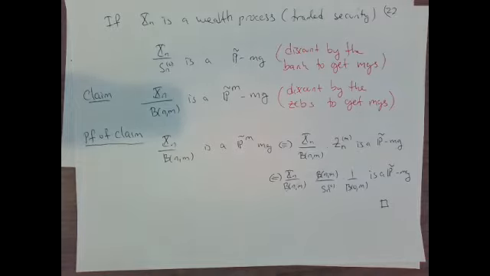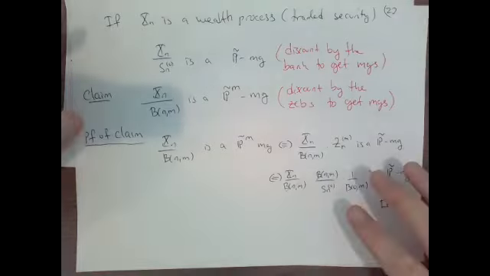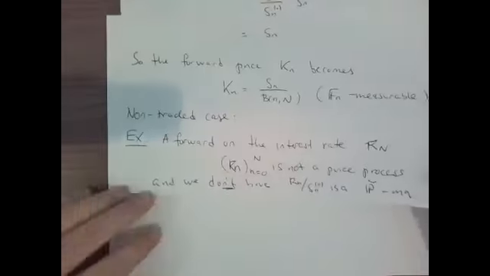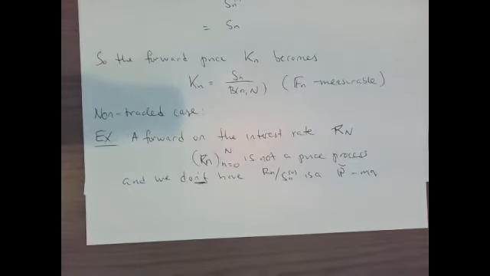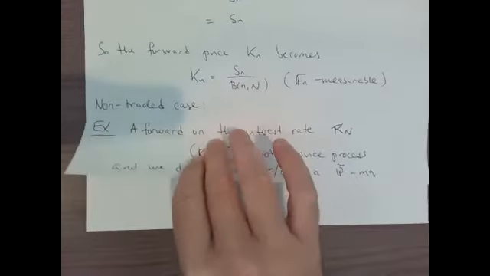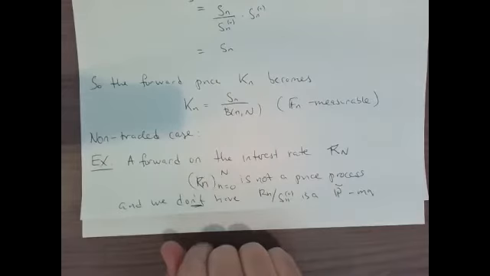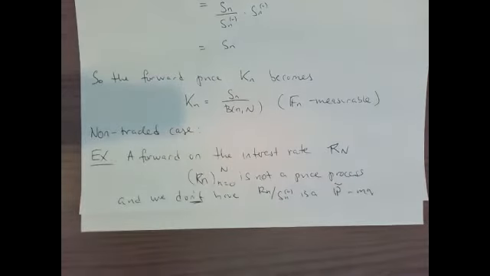So now we go back and we're going to use all this material to resolve that question that we had in the very beginning. This was quite a bit of a detour. Five slides earlier, we were looking at forwards, and we were looking at forwards written on an asset that was not traded.